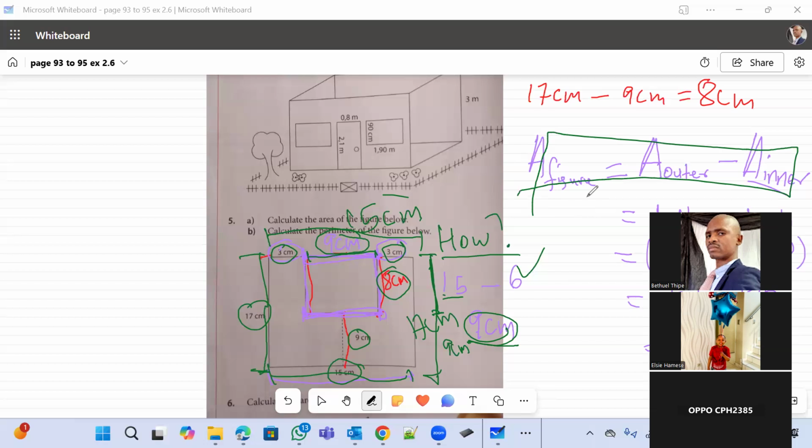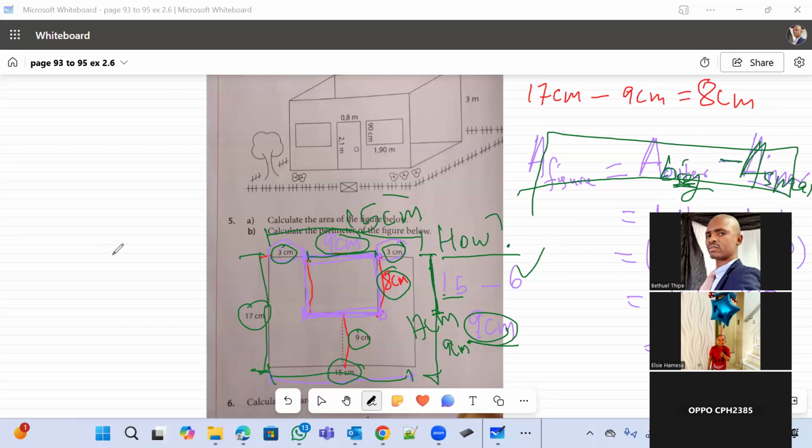Yes, you can explain this. Here we are saying the area of the big shape minus the area of the small shape. The big shape is which one?